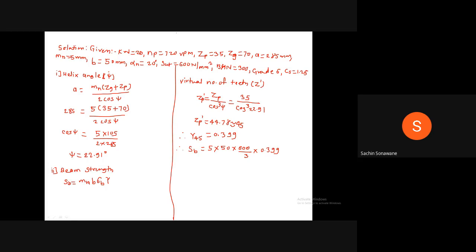All the students should calculate. 19950. Yes, correct. SB is equal to beam strength, 19950.